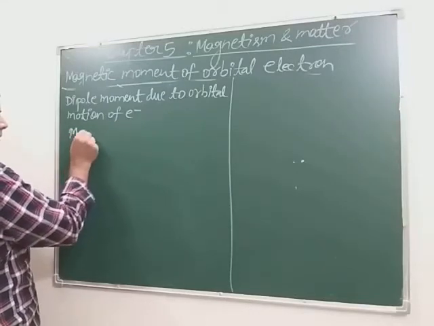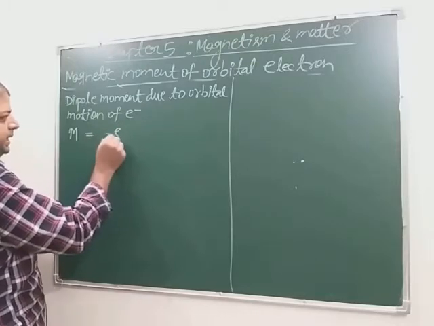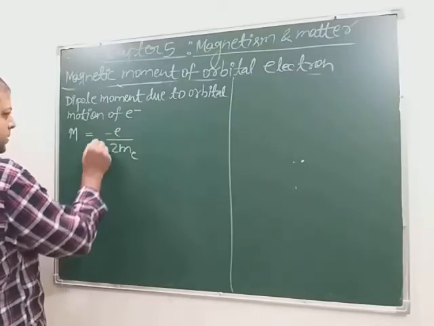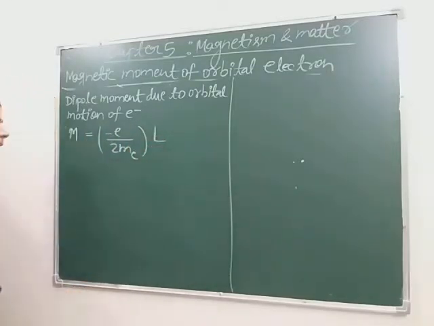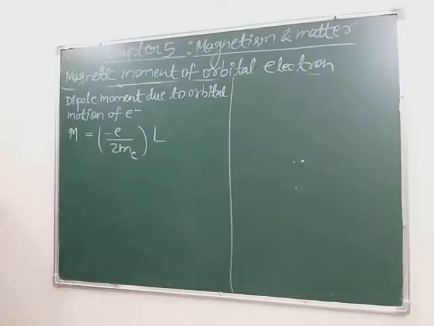What we have derived, q by 2m, so it will be e by 2me, mass of electron, multiplied by L. Because electron has negative sign, you can write m is equal to minus e by 2me into L, where we know that L is angular momentum and m is the dipole moment.